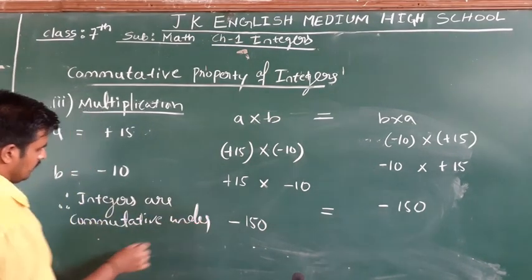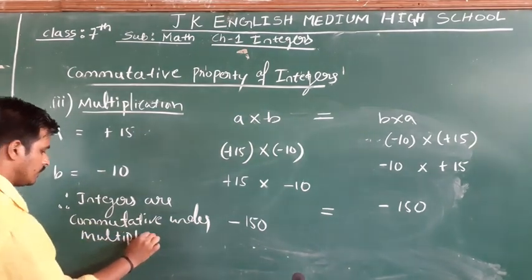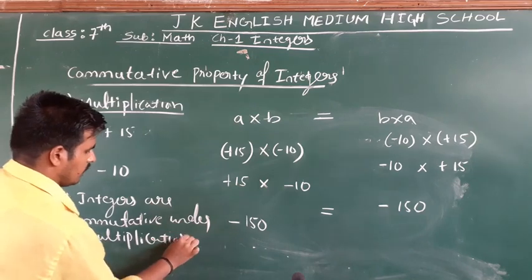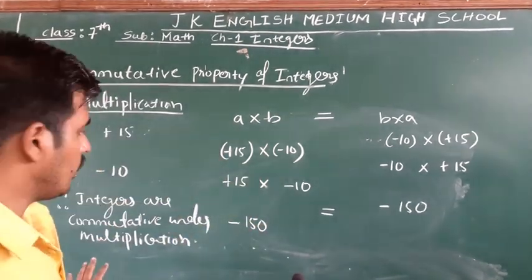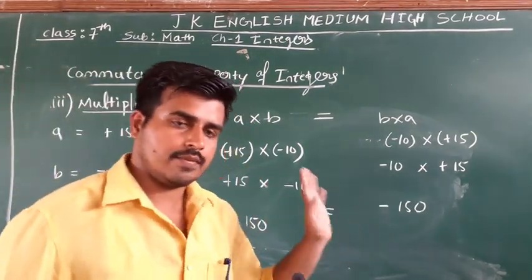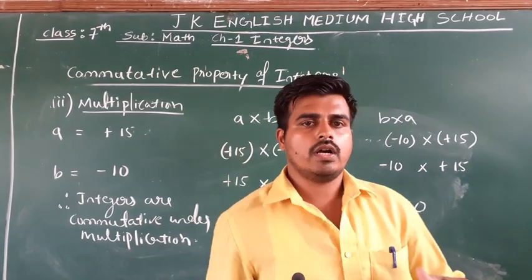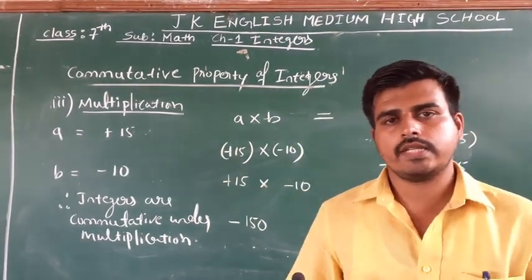You can write this much in your notes. One example is sufficient. No need to worry about how many examples I have tried. If you understand what the commutative property is, then it's well enough.